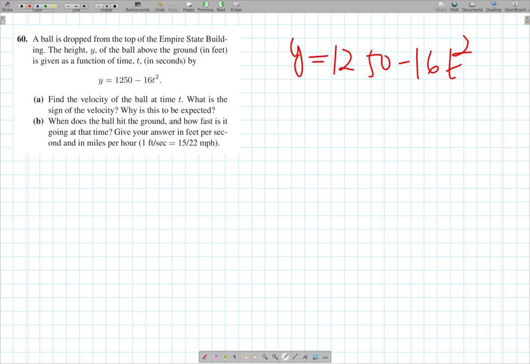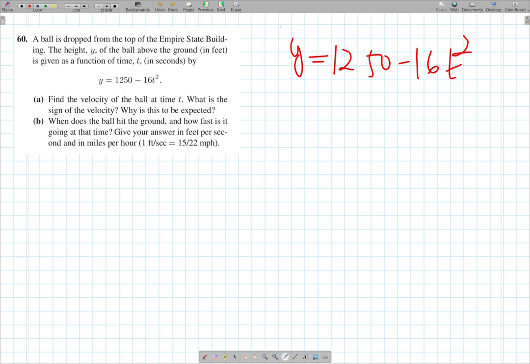Ang y natin measured in feet, that is the height of the ball. And ang t natin measured in seconds, time. So given, y is equal to 1250 minus 16t squared. Find the velocity of the ball at time t.